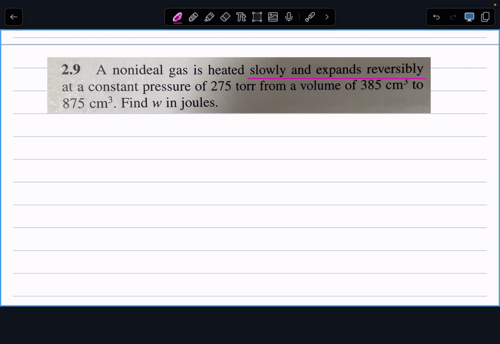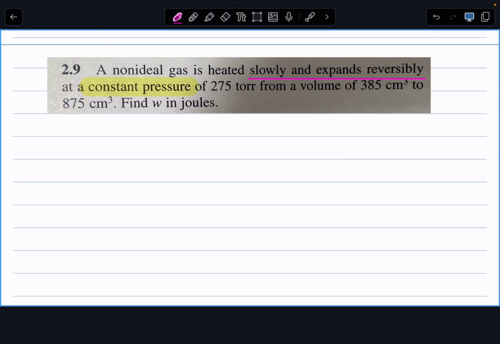A process that is super slow, in this class, means the process is reversible. It tells you the gas will expand reversibly at a constant pressure. So this defines the path of this reversible expansion at a certain pressure and the volume change for the process.